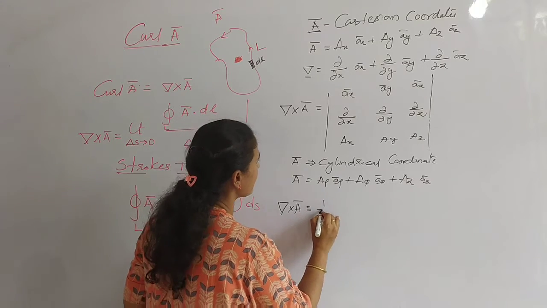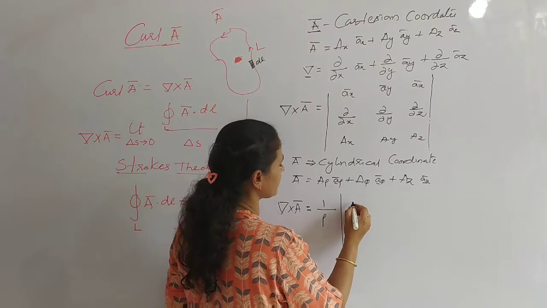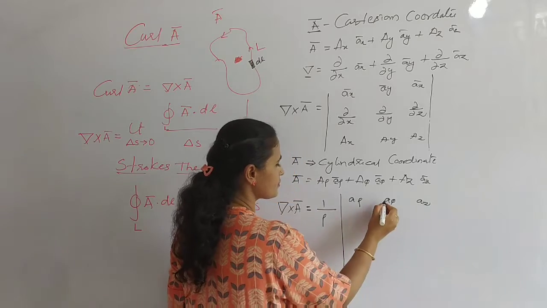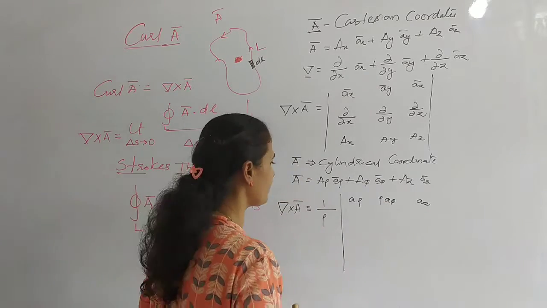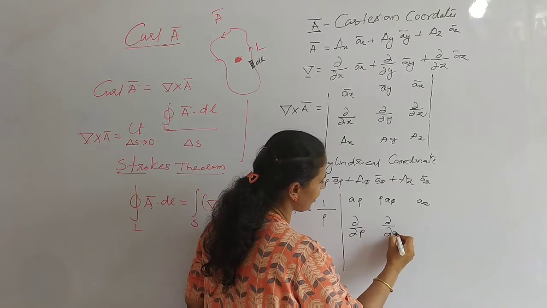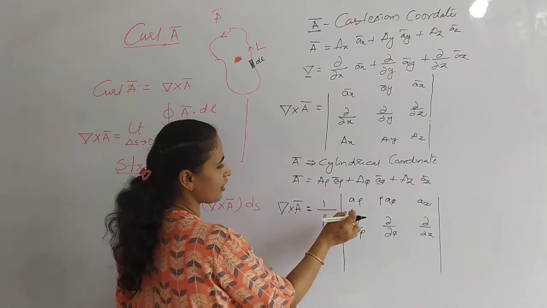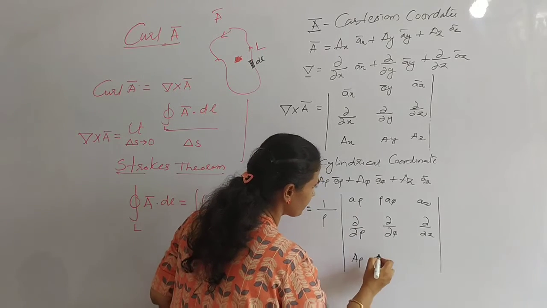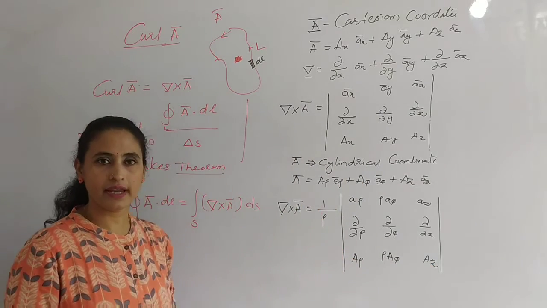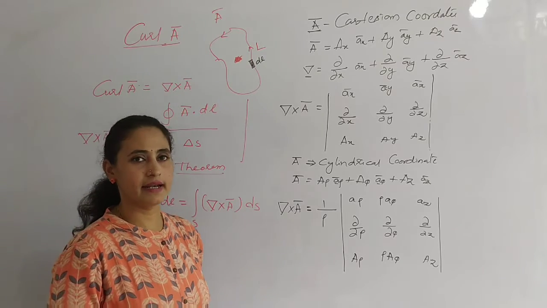This can be written as 1 by rho times the determinant with the unit vectors a rho, a phi and az, then dou by dou rho, dou by dou phi and dou by dou z, and the magnitudes A rho, rho times A phi, and Az. In this way we can obtain the curl of a vector A bar in the cylindrical coordinate system.